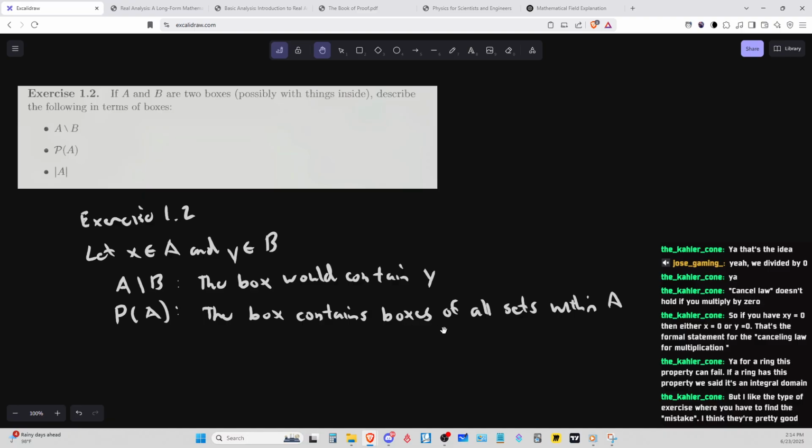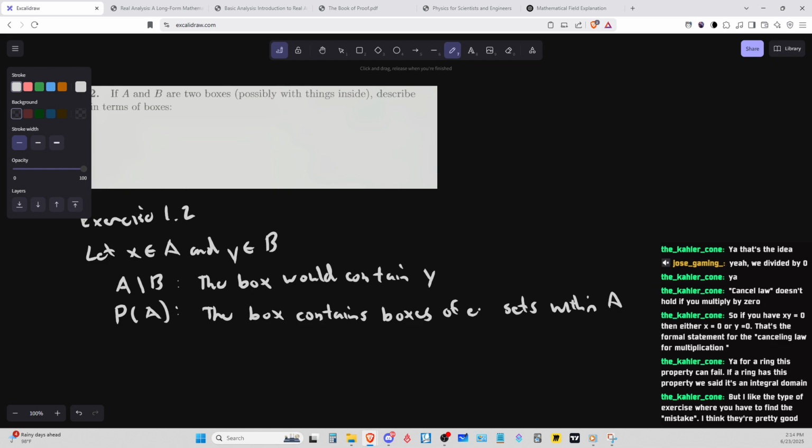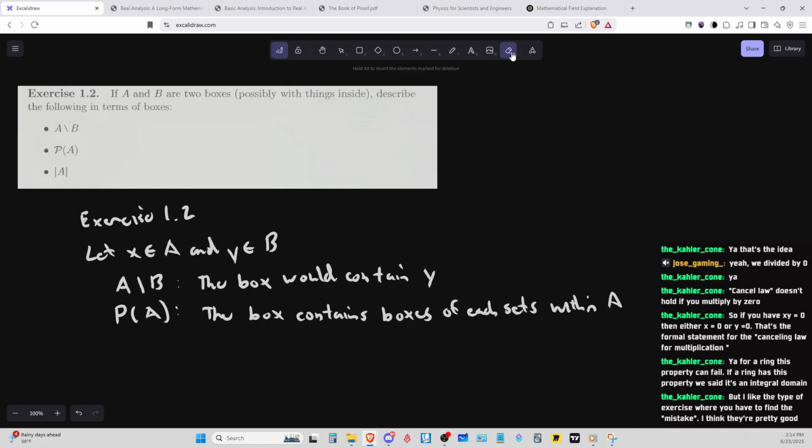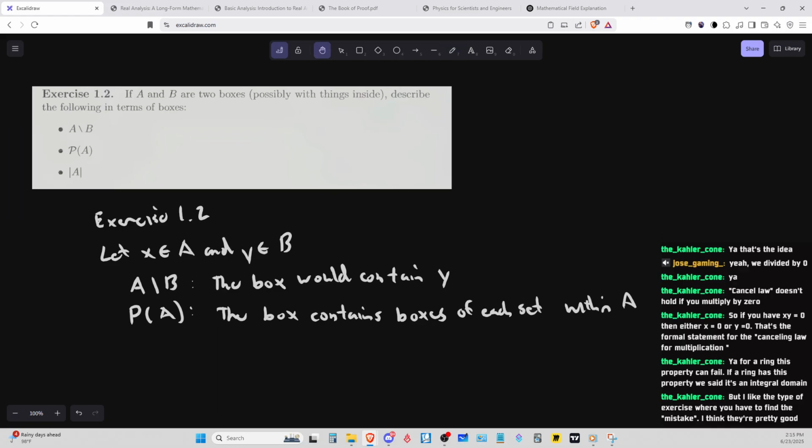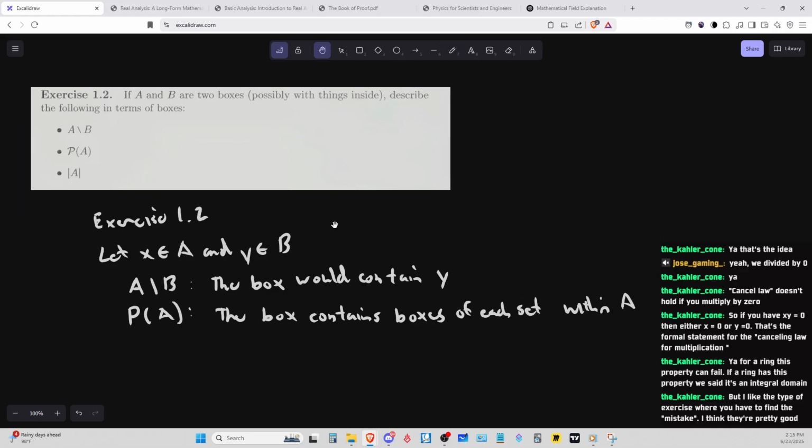Okay, so the box contains boxes of all... Maybe I should write each set. That might make it a little bit more clear. Of each set within A. And the next one I think is the cardinality, isn't it?